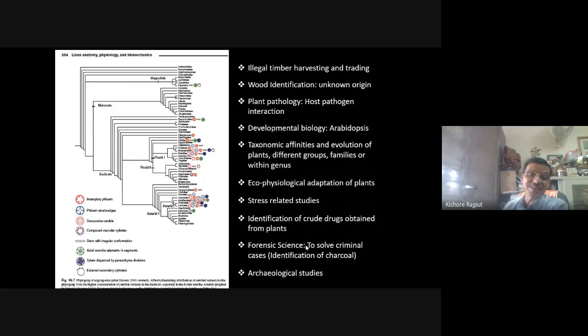So here you can identify whether the plant is grown in farm conditions, with fertilizers, water and irrigation, or is naturally growing. Second, you can even identify the species, whether the entire timber belongs to the same species or different species. Then wood identification of unknown origin, because many times the wood is cut and brought to the market, but what exactly is it?